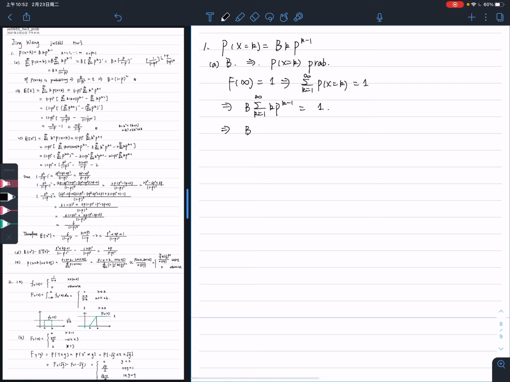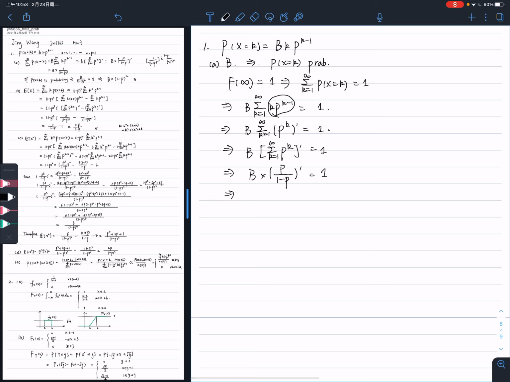It is easy to know that k times p to the power of k minus 1 is the gradient of p^k. By changing the order of the gradient and the sum, we know that b times the gradient of p over 1 minus p equals 1.